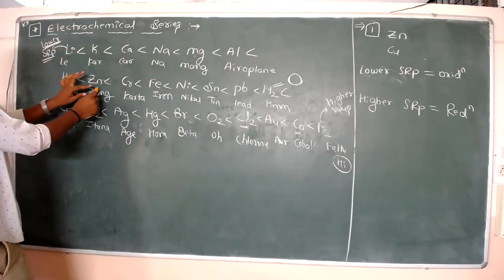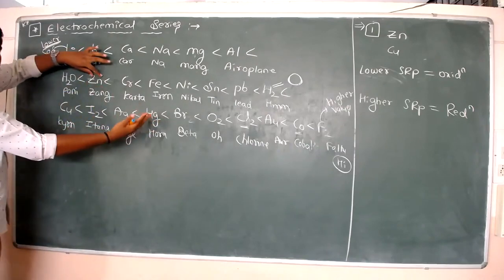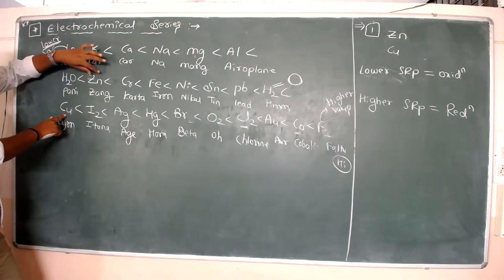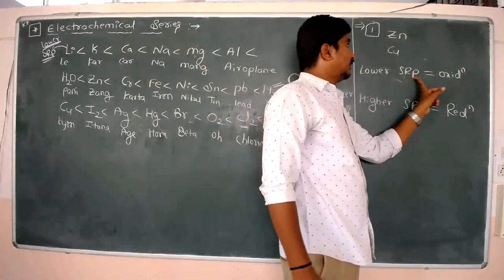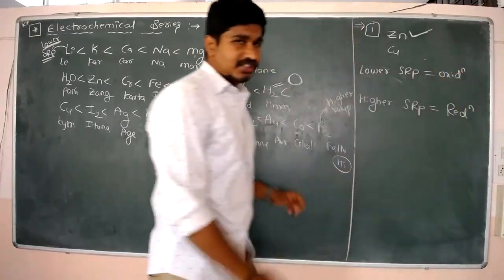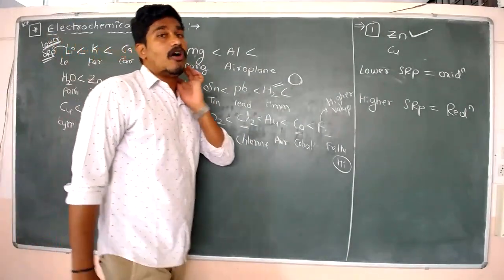Here it is zinc. Where is copper? Here it is copper. This is increasing order, so zinc is having lower SRP than the copper. Therefore, it undergoes oxidation. Therefore, the correct option is A, that is only zinc undergoes oxidation.